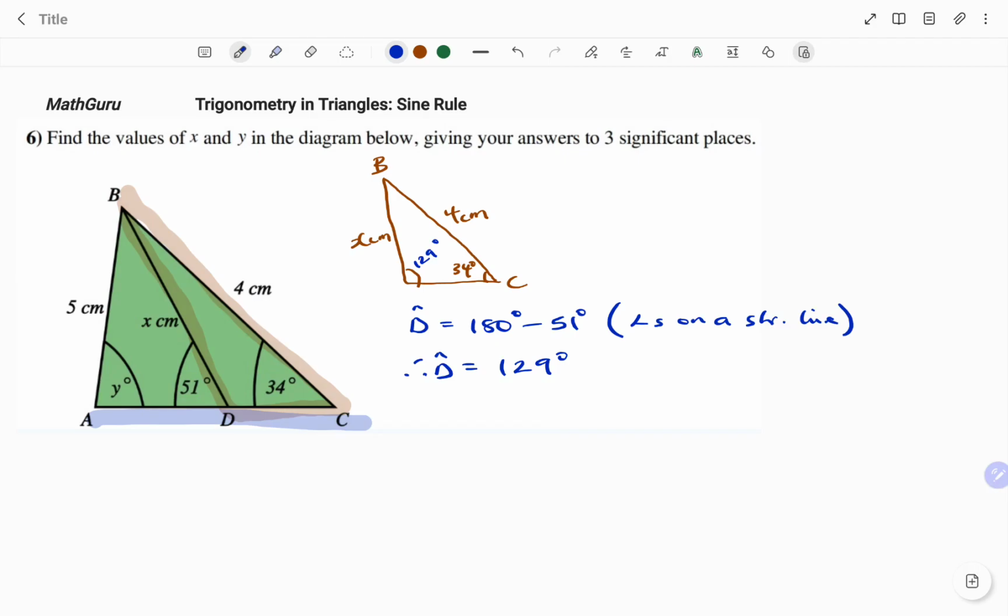After doing that, using the sine rule, I have the side BC over the sine of the angle facing that, that's D, that's sine D, equals the side BD over the sine of the angle facing the side BD, that's sine C. Slotting in my values, BC, that's 4, over sine D, that's sine 129 degrees, equals the line BD, which is my x, over sine C, sine 34 degrees.